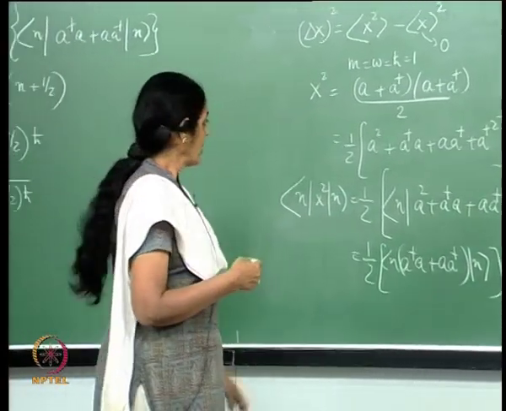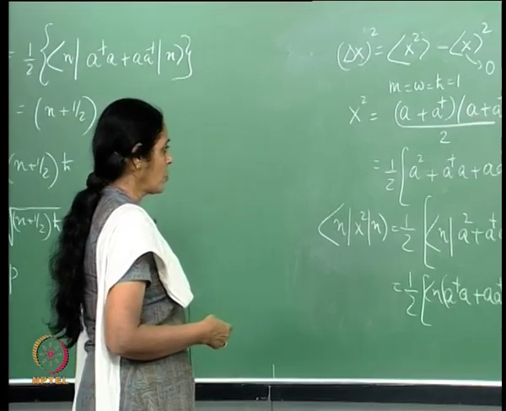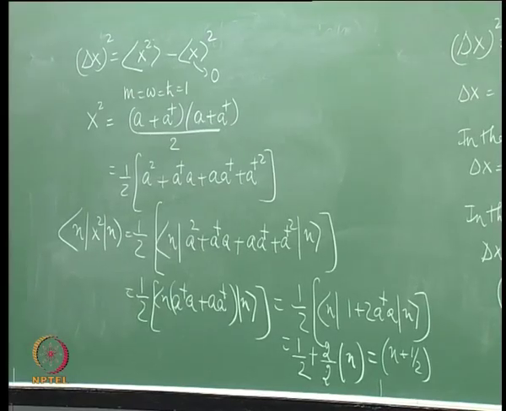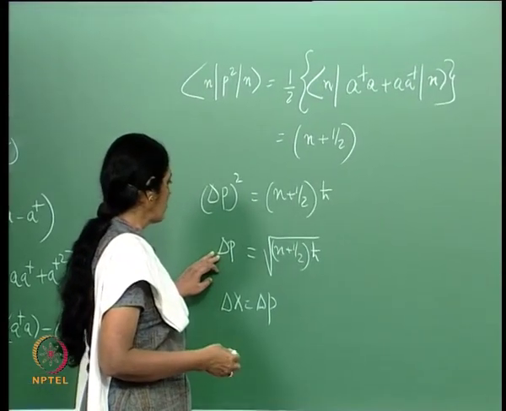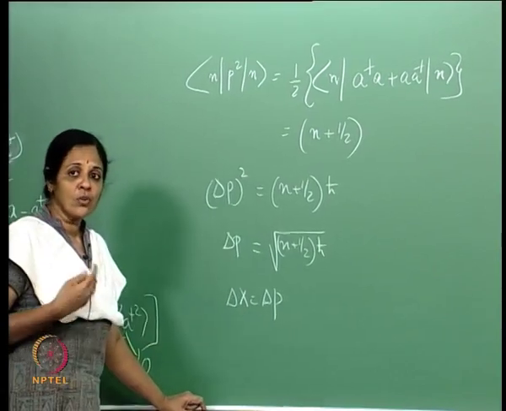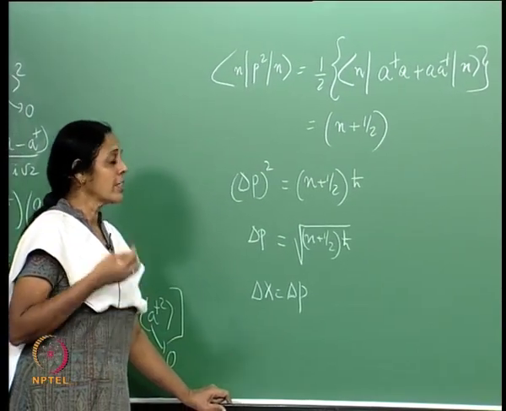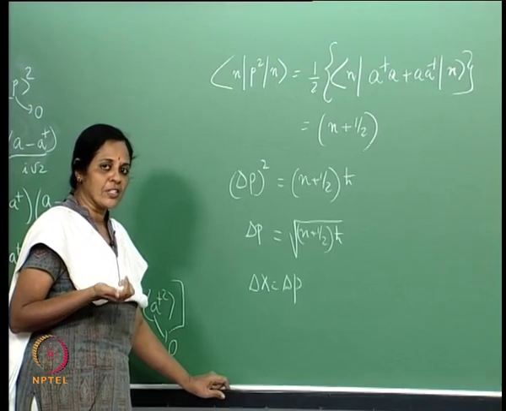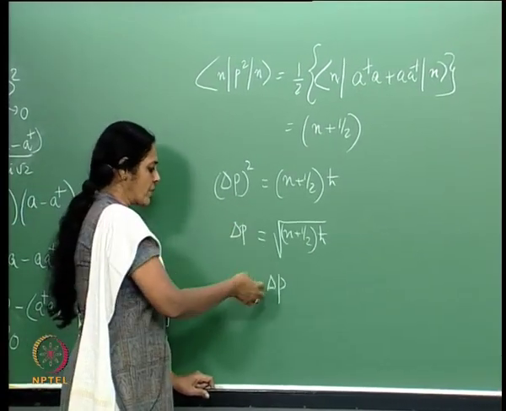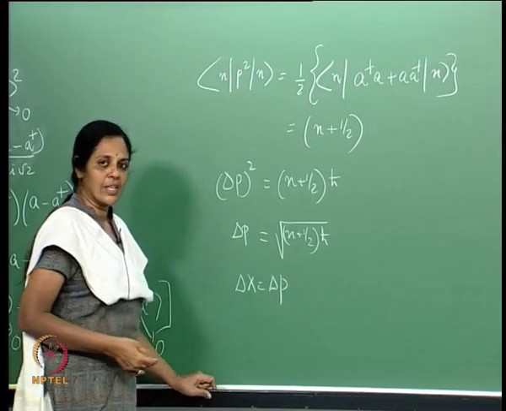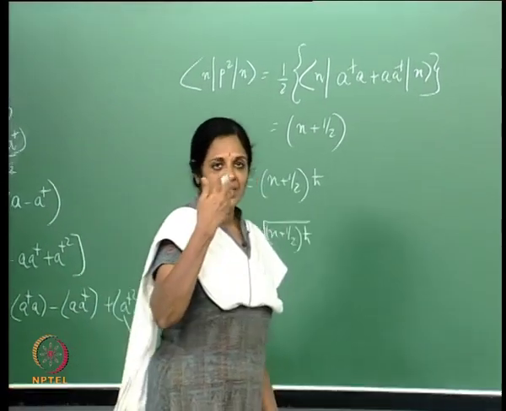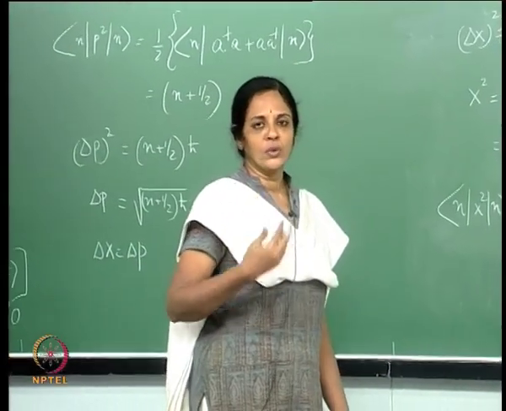So, this is what the first exercise was about, and we have established that while the ground state is a minimum uncertainty state, in all other states delta x and delta p do not vanish, because expectation x squared and expectation p squared are non-zero, but we have shown explicitly that delta x equals delta p, and the uncertainty product gets larger and larger as we go to higher values of n.